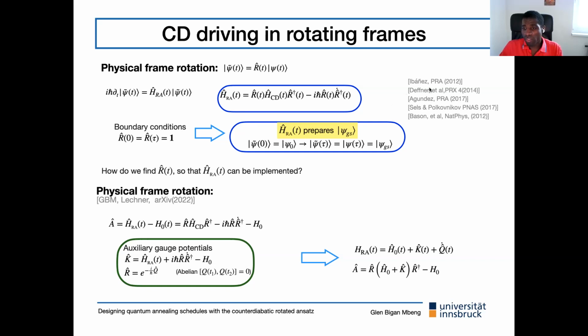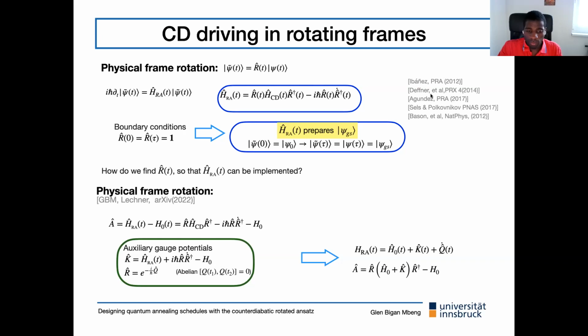This approach has been considered in the literature by quite a few authors, and they have successfully found this R for particular systems: one qubit systems, or systems which have some particular scale invariance or some particular property which greatly simplifies the problem.